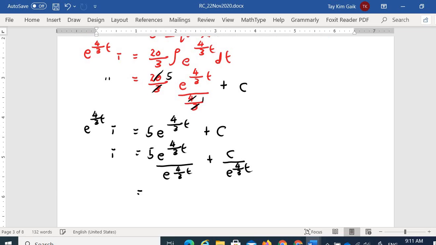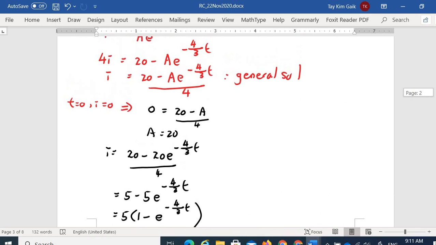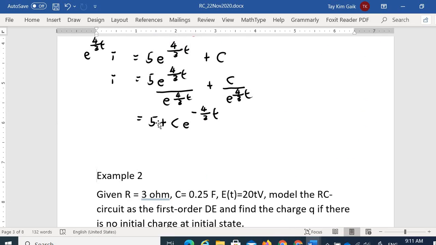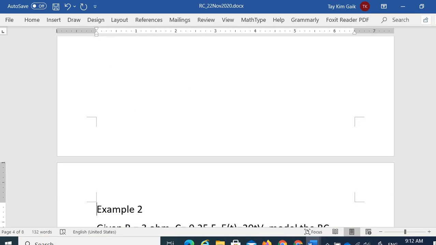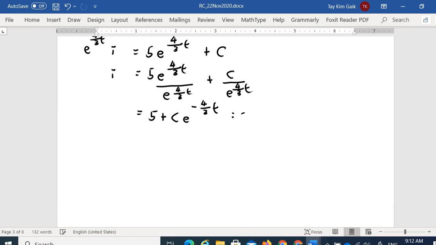So that's why the answer is 5 plus c exponent negative 4 over 3 t. And you see the general solution for the separable and linear methods may have different forms. This one is simply 5 minus a over 4, but this one is 5 plus c exponent negative 4 over 3 t, because the a in your separable equation and c may have different values. But the particular solution will be the same. So this is the general solution.